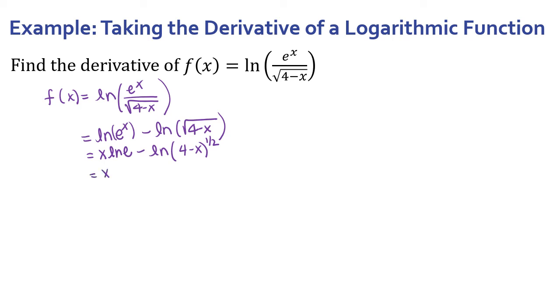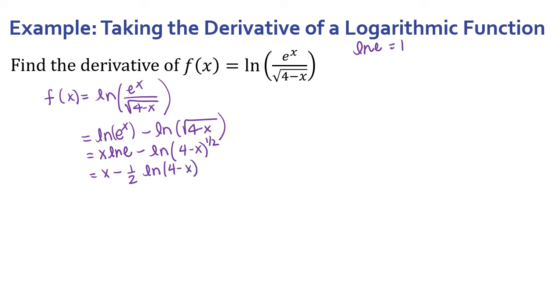And by doing that, now I get rid of that square root. So really quickly, the natural log of e is 1. So now I've got x times 1, which is x. So that's made that a lot simpler. That's going to be very simple to take the derivative of. And then minus 1/2 times the natural log of 4 minus x.